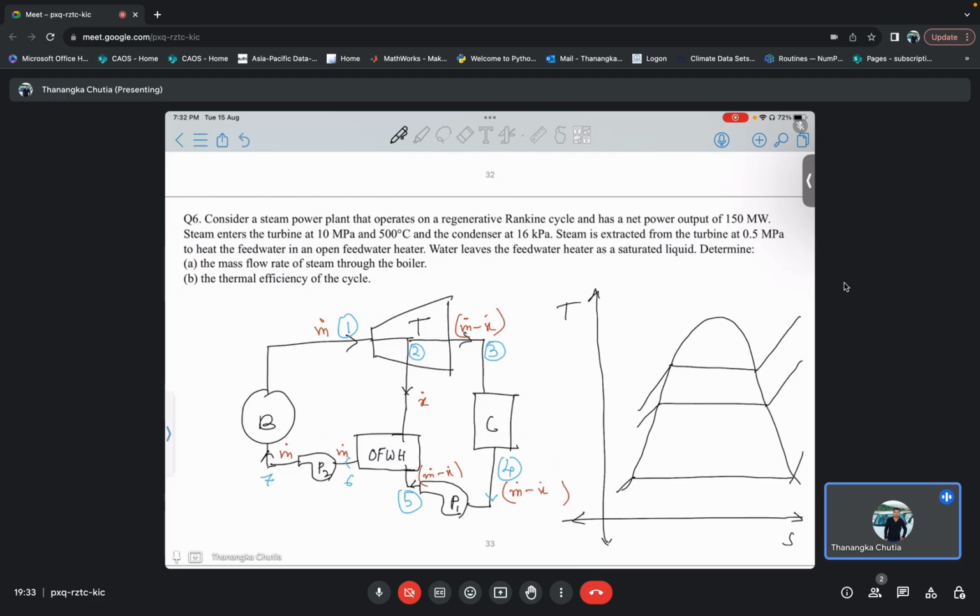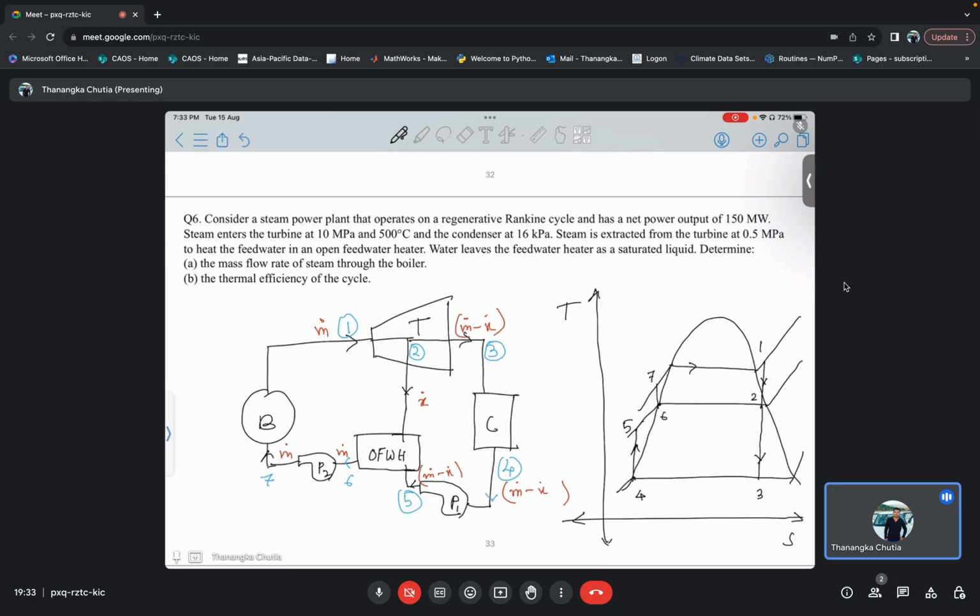Okay, so what we do, we take this point mass. Okay, and this is my point 2, so till here, and then this is my point 3, this is my point 4. Okay, this is my point 5, this is my point 6, and this is my point 7.